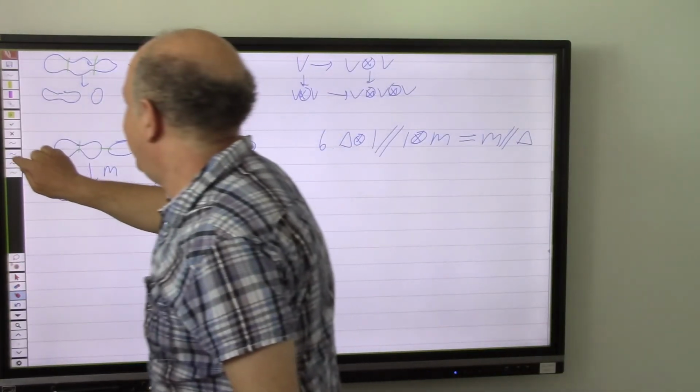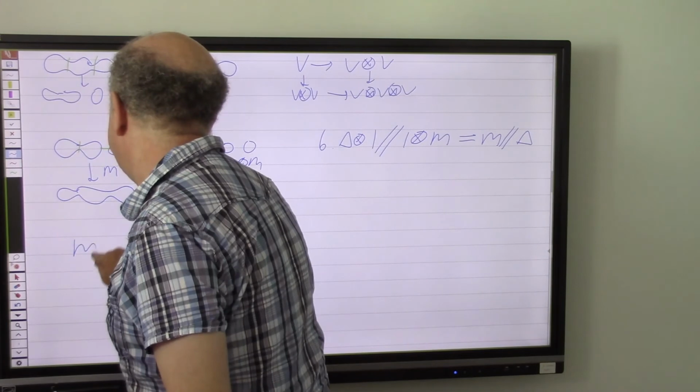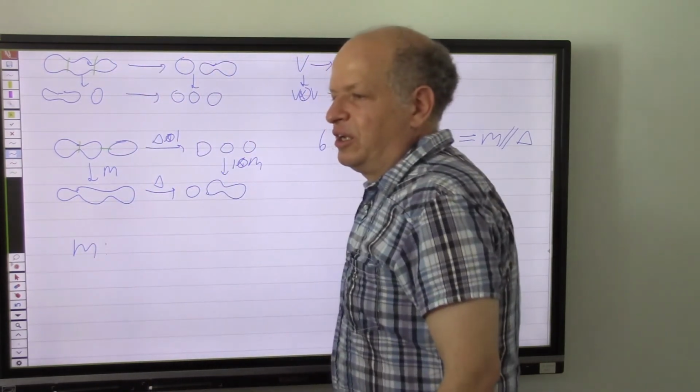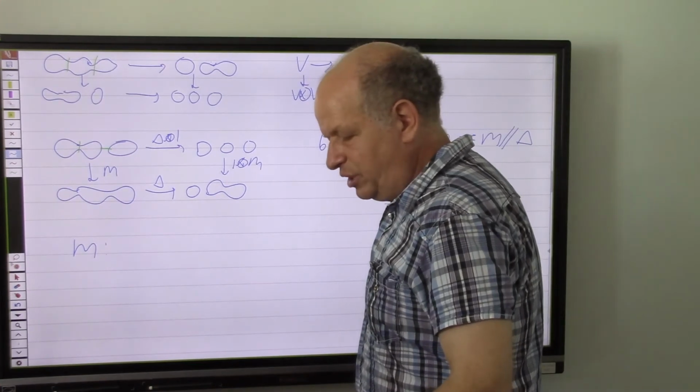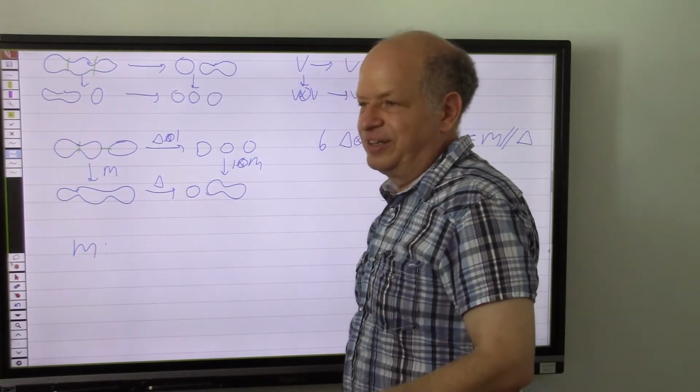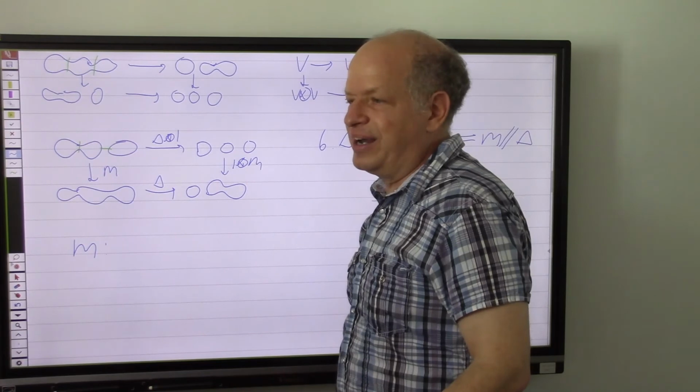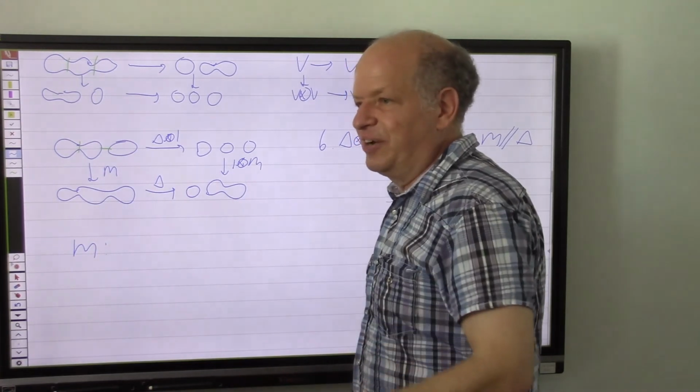So basically, I need to write down what's M. So M is a commutative, co-commutative product of degree -1 on a two-dimensional vector space.